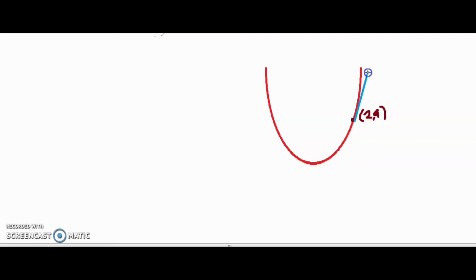Now through the point of contact, let's draw a tangent. We are not in need of the equation of the tangent, but we require the gradient of the tangent. And now let's draw the normal, which is perpendicular to the tangent.